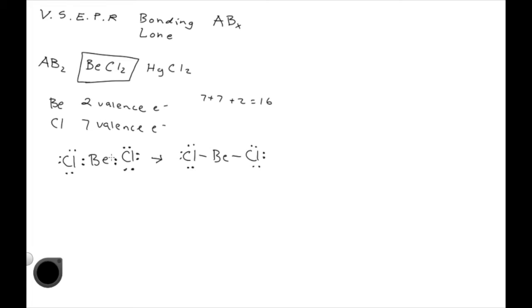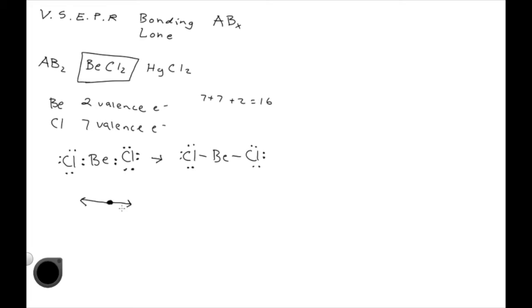So if we think of beryllium chloride as the hands of a clock, if we take the central atom, the beryllium, as the axis of the 2 hands, and then we draw 2 hands of a clock, the long hand and the short hand.